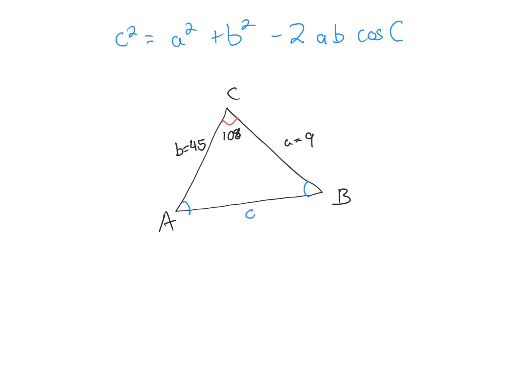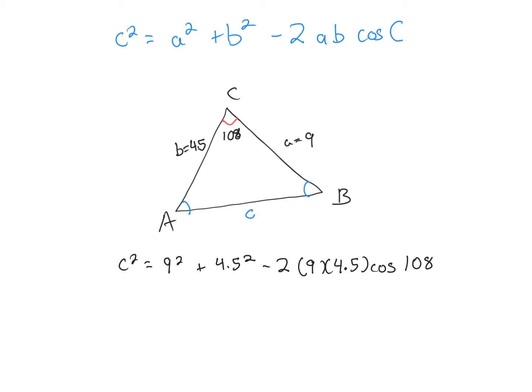First we can find C easily. So C squared equals A squared, so that is 9 squared, plus B squared, so 4.5 squared, minus 2 times AB, which is 9 times 4.5, times the cosine of C, which in our case is 108.